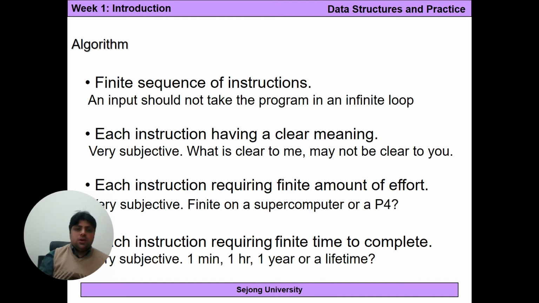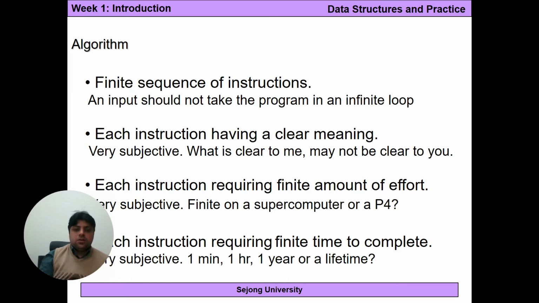What is clear to me may not be clear to you. It varies depending on your point of thinking, which is why I said it is very subjective. Some things are clear to me but not to you, or clear to you but not to me, and every person can have a different way of thinking.